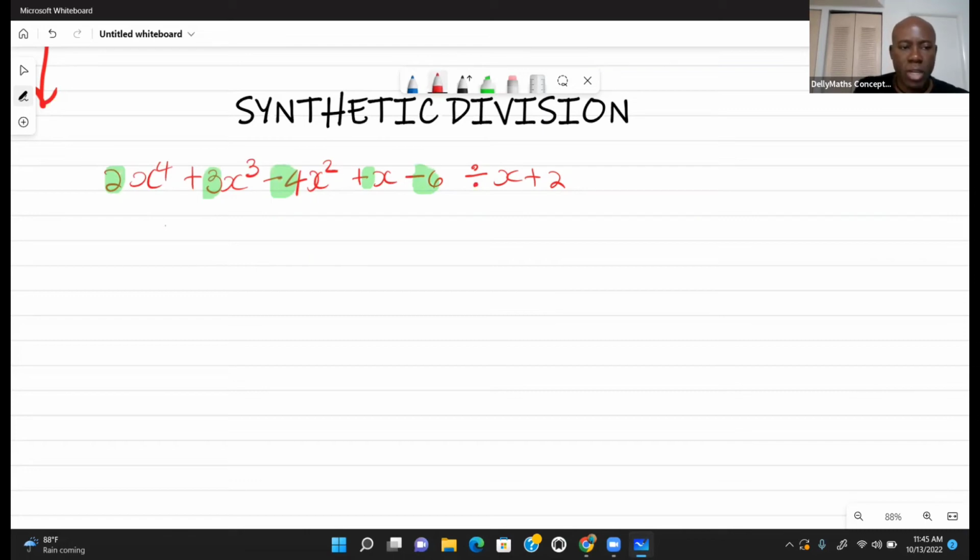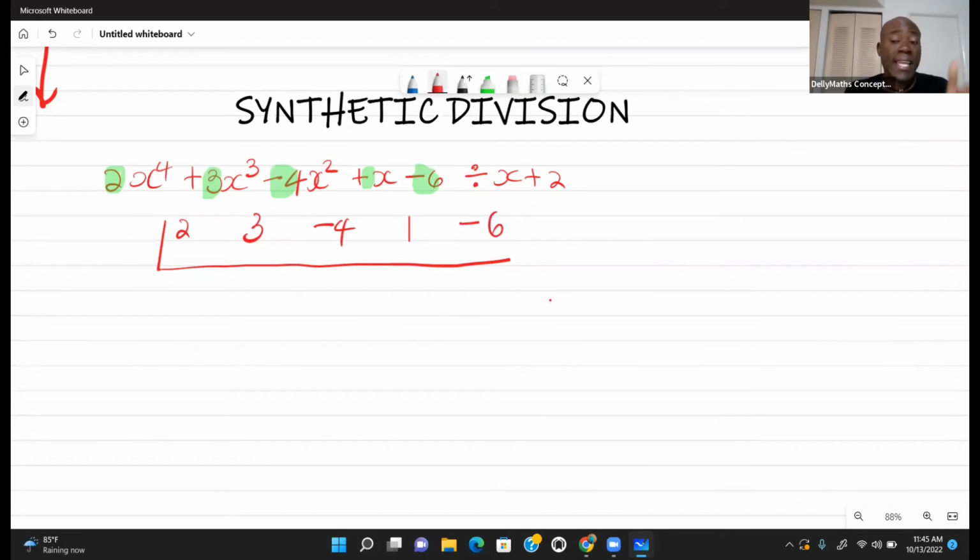In synthetic division, we set up a system like this, where we write the coefficients here: there's a 2, a 3, a negative 4, a 1, and a negative 6. We put these in descending order of the degree.